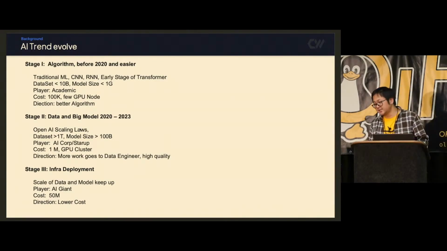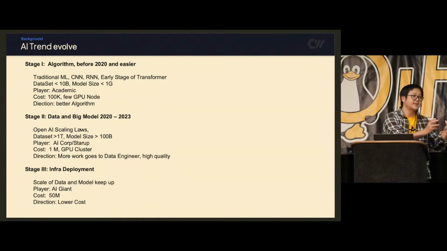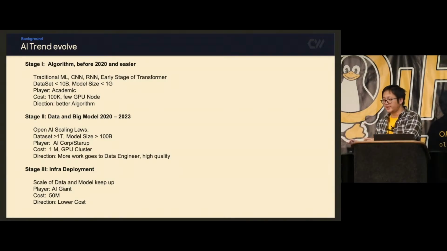But after that, with the OpenAI scaling law, they found that if you get a bigger data set and put more parameters into your model, you could get better performance, a better model. So suddenly all these AI startups and AI corporations are trying to expand. Now the data set comes to terabyte size, and the model comes to like 100 billion size.